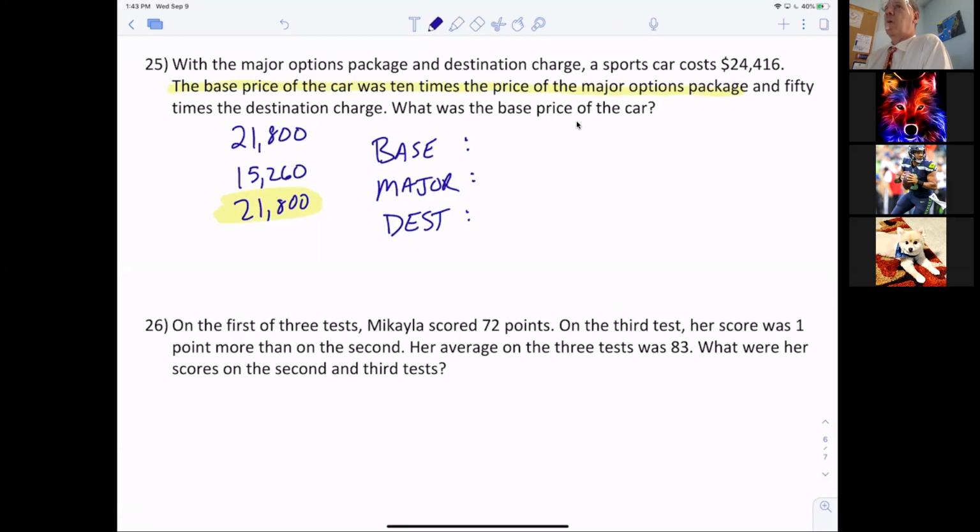I need a variable. Base price is, so then what is the major? Come on now. The base price is 10 times the major. So what is it?